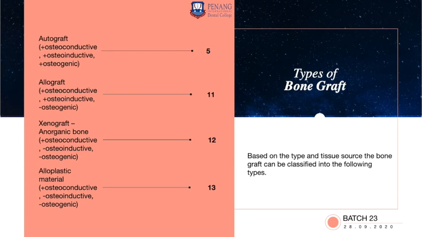These are synthetic biocompatible materials which can be used as a substitute for bone graft. The xenograft and alloplast don't have the property of osteogenesis or osteoinduction. These two materials will just act like a scaffold, an osteoconductive material which stays in place until the osteoblast come to the site and start regenerating.